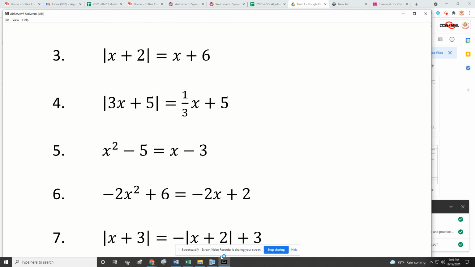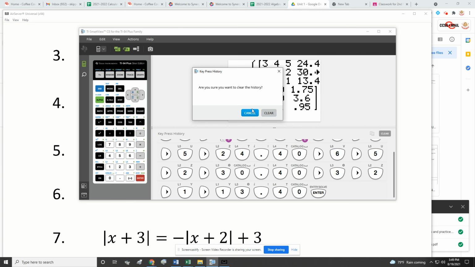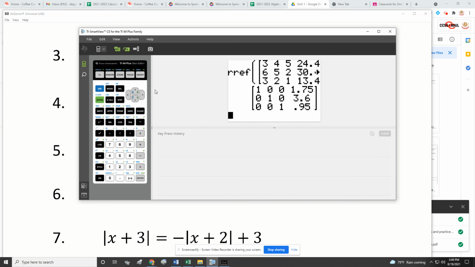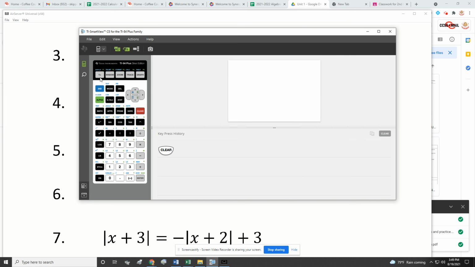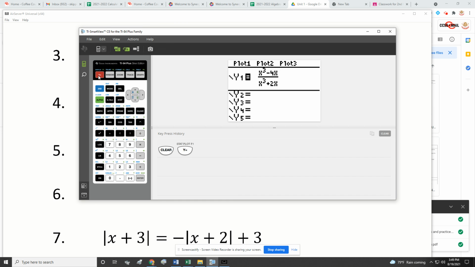Okay, so for number 3, this is my equation I'm going to solve. So to put this into y1 and y2, first, we're going to hit y equals, like it says on there. If there's something in your y equals, just hit clear to clear it out. And for y1, I'm going to put in the absolute value of x plus 2.